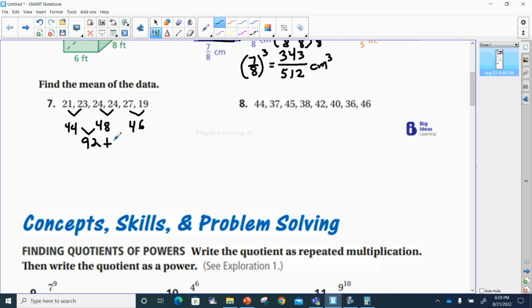I'm just going to put plus 46 over here. 2 plus 6 makes 8, and 9 plus 4 is 13, so that'd be 138. Now I have to divide it by the number of numbers there are: 1, 2, 3, 4, 5, 6. So I'm going to take 138 and divide it by 6.